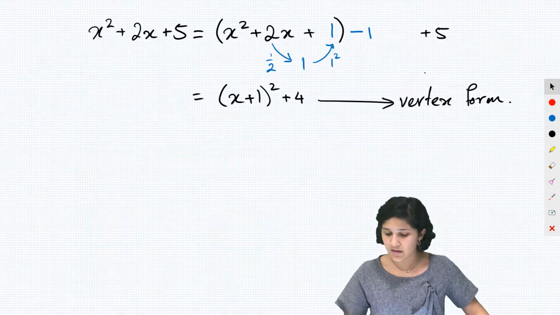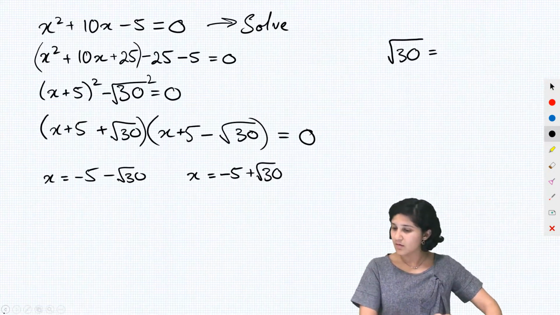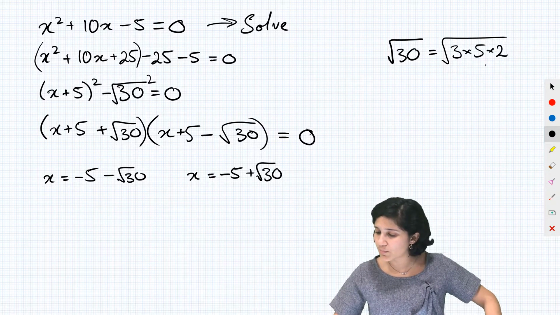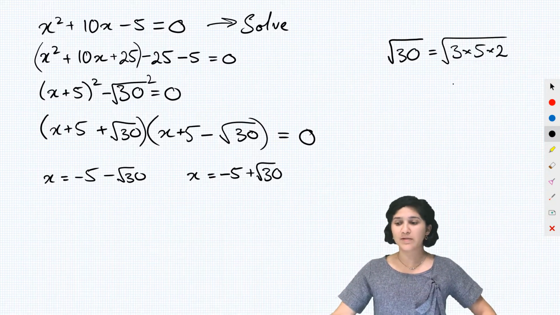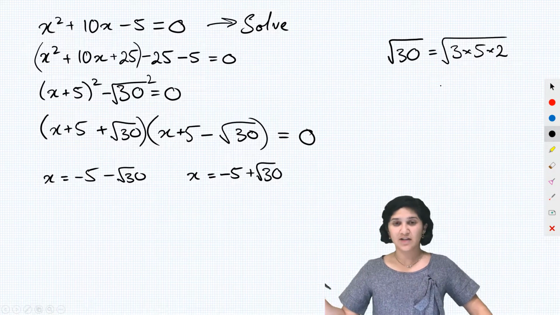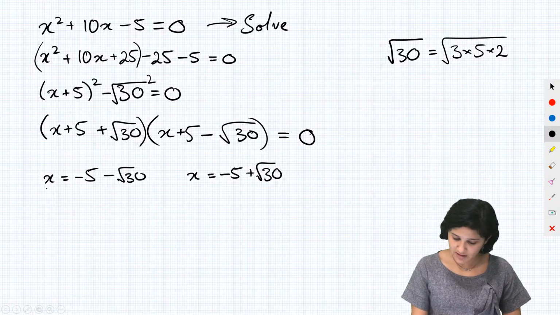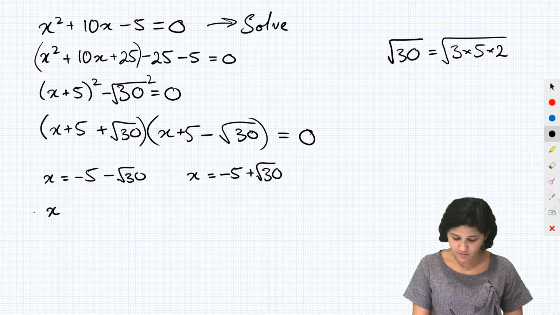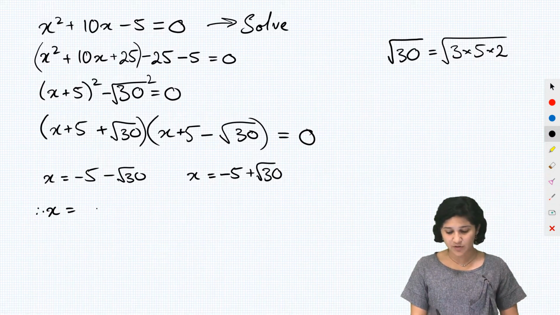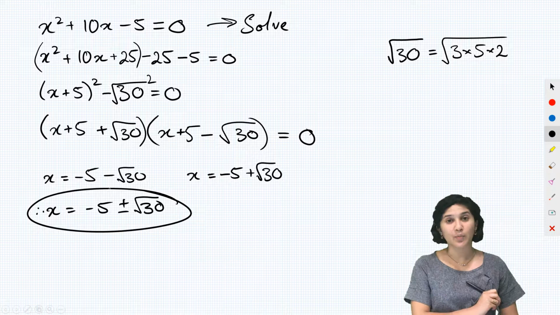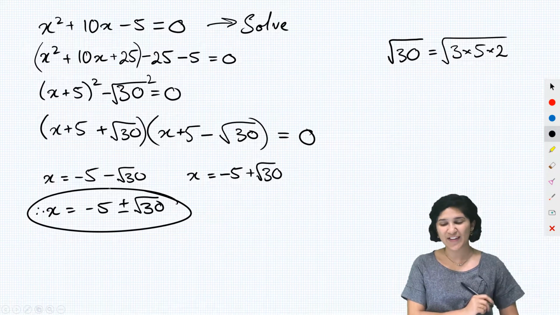So root 30 is the same as 3 times 5 times 2. So since those are all primes, I can't simplify the surd anymore. So I can just leave it as root 30. So we can say that x is equal to -5 plus or minus root 30. That's just a shorthand way of writing both solutions in one go.